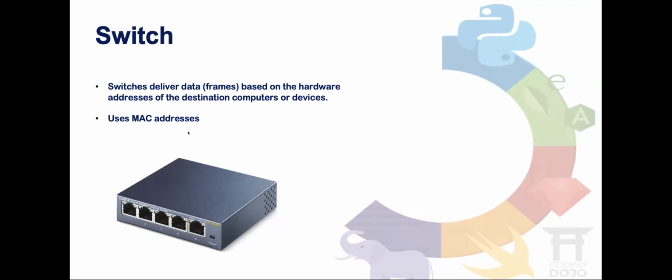So a switch delivers data frames, or data which is into bracket frames, based on the hardware addresses of the destination computers or devices. So a switch is a bit intelligent compared to the hub, because it can determine, okay, who has this MAC address, who has this MAC address. Now, MAC address is media access control address, and they are mostly permanent addresses that are attached to a particular network interface card.